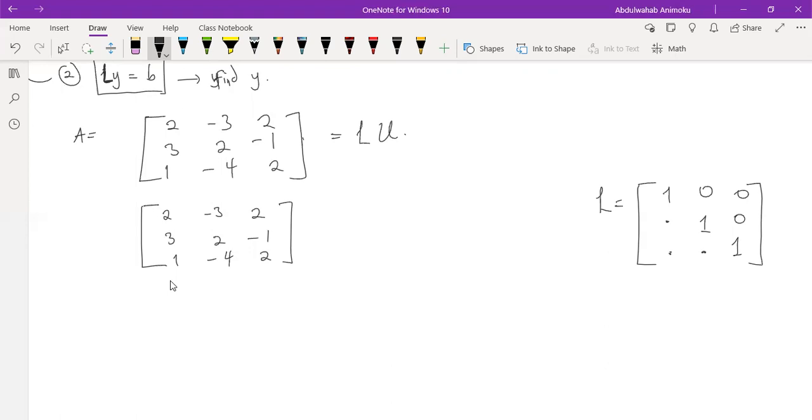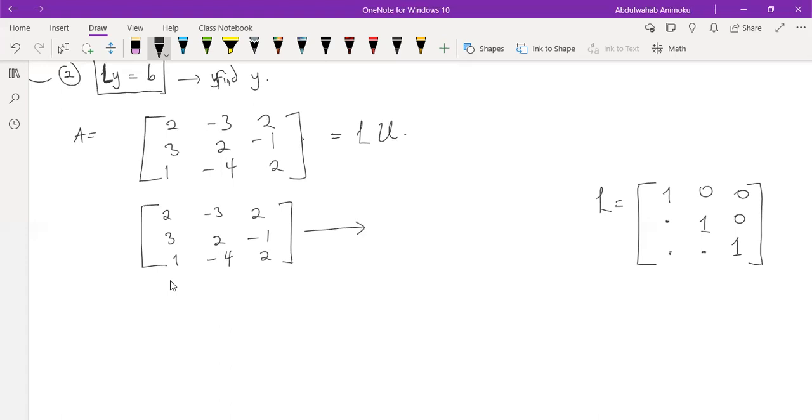It is quite possible for both of your solutions to still be correct. So you could find 2 different decompositions of L and U for this matrix A.